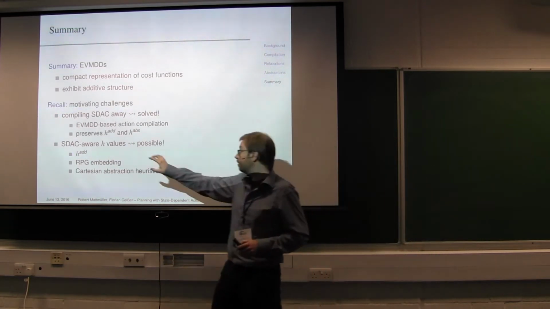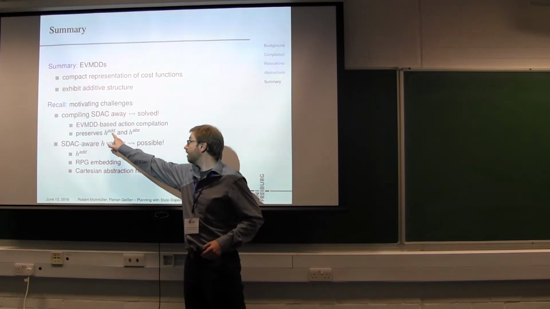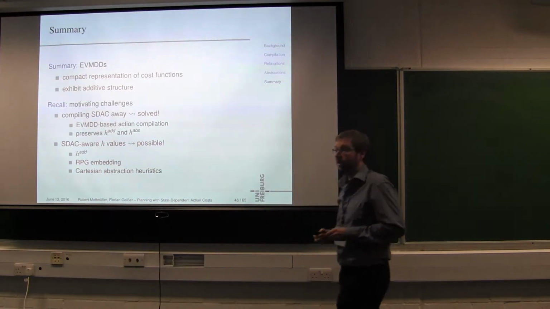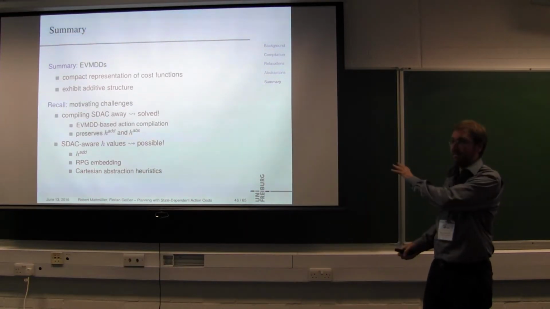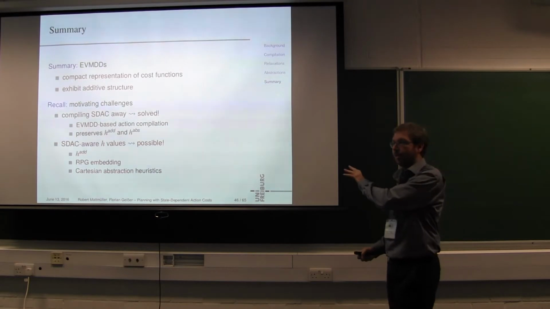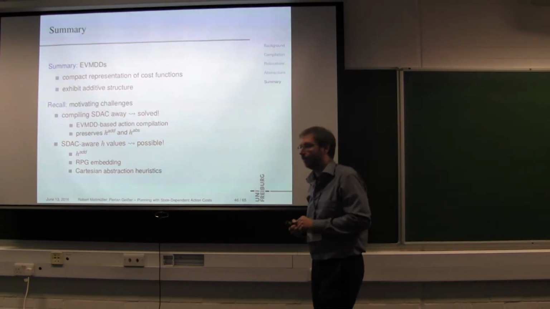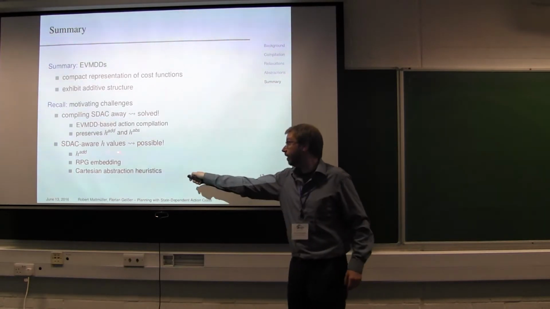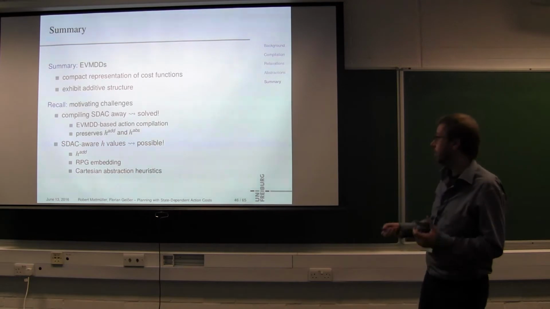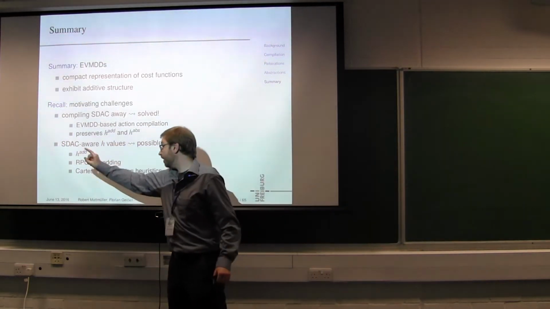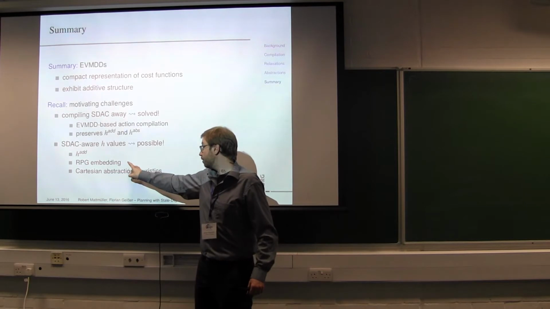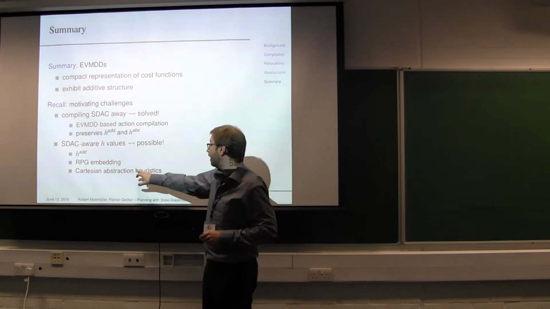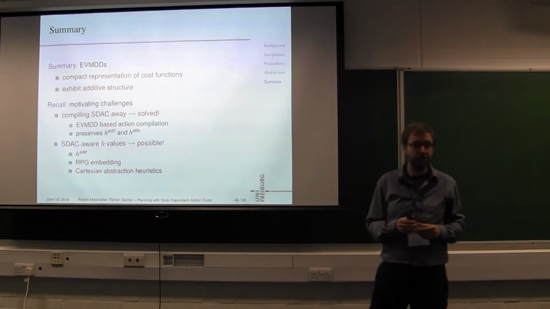And something that I didn't fully say on other slides: this compilation preserves the additive heuristic, and it also preserves abstraction heuristics, provided that the extra auxiliary variables you need in the compilation are abstracted away. Preserved with full precision in the abstraction. And we wanted state-dependent action cost-aware heuristic values. This is possible. We saw that it's possible for the additive heuristic. We saw that we could also compute this by just embedding the EVMDDs into a relaxed planning graph, and we saw Cartesian abstraction heuristics for state-dependent costs.